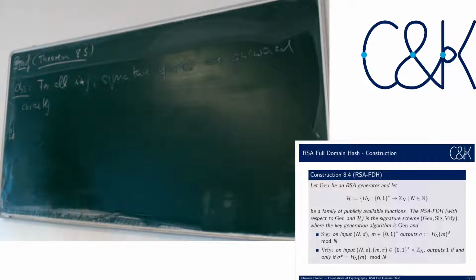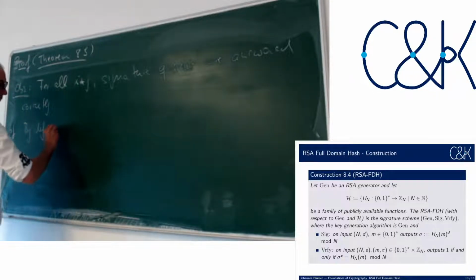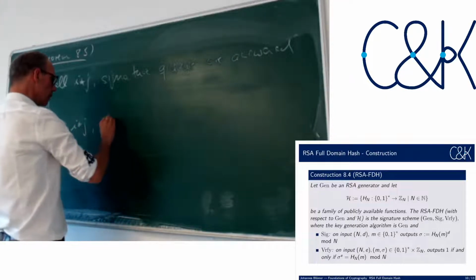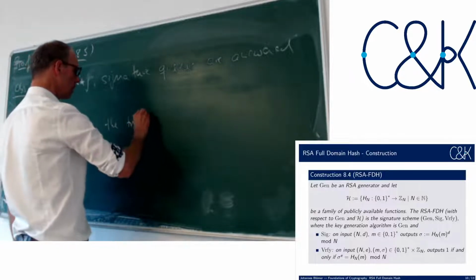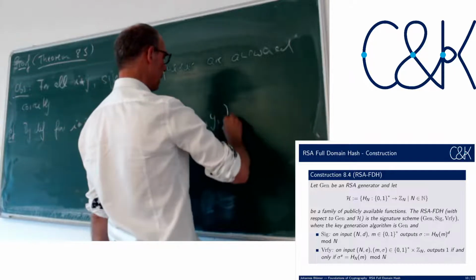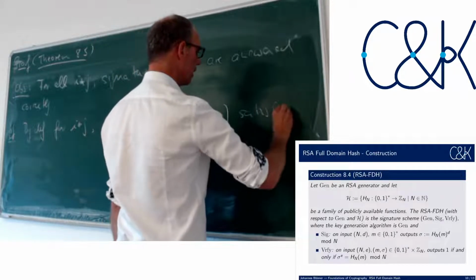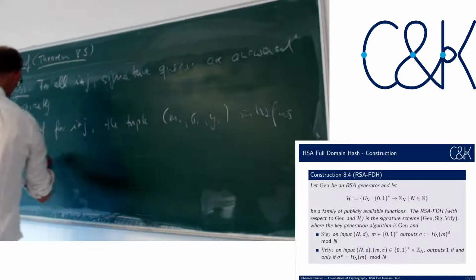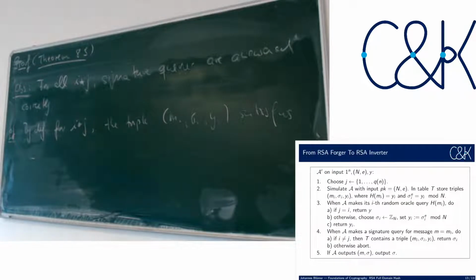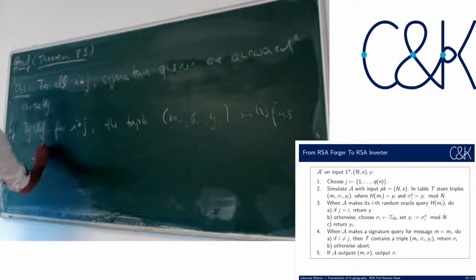So by definition, for i not equal to j, we have the triples mi, sigma i, yi satisfying, first of all, that h of mi is yi.